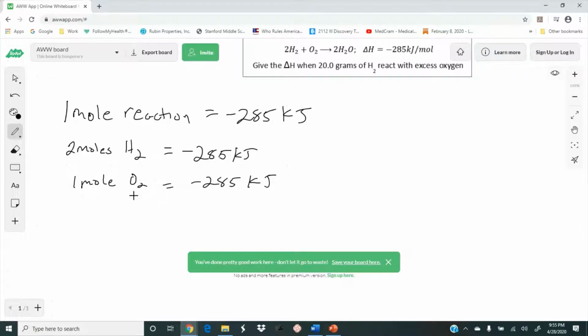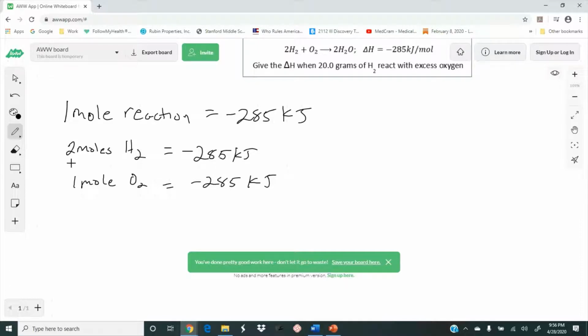That's what this chemical reaction tells you: these things are reacting together. So if you know how many moles of hydrogen reacted, you can figure out how much energy is given off, because for every 2 moles of hydrogen reacting, you get 285 kilojoules given off. Twice as many moles of hydrogen means twice as many kilojoules. 1/10 the number of moles of hydrogen means 1/10 the number of kilojoules. So the number of kilojoules changes depending on the amount.